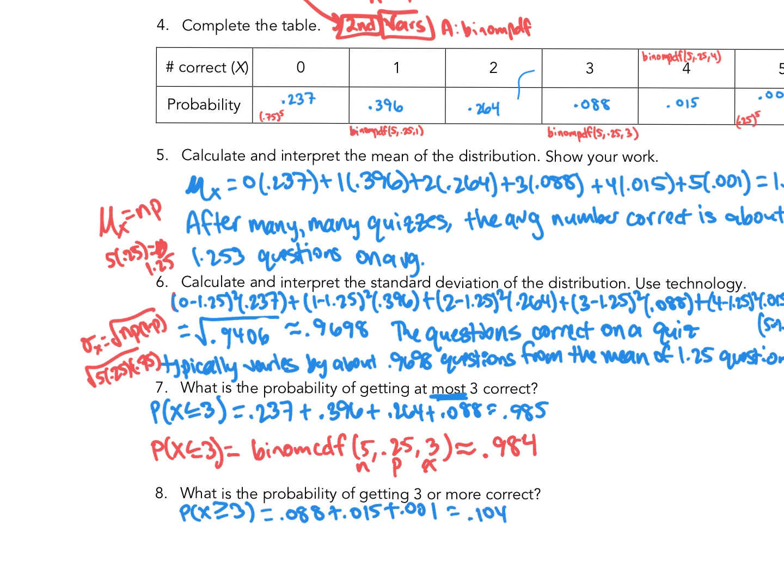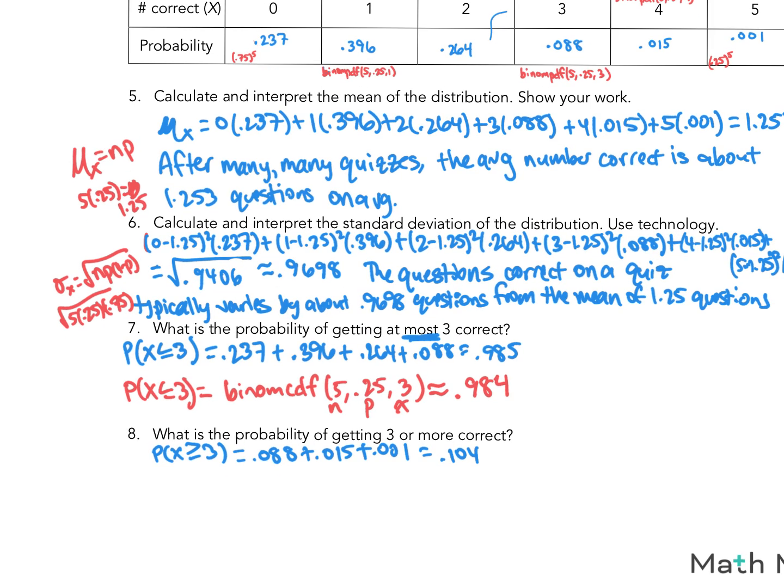Now, I can use the calculator to my advantage if I didn't have a table. To find the probability that x is greater than or equal to 3, remember it will only do cumulative probability in a less than direction on the graphing calculator. So I have to think of the opposite of 3 or more. Well, I can do 1 minus the probability of 2 or less.